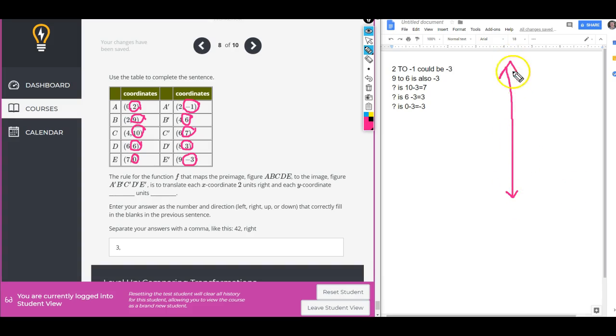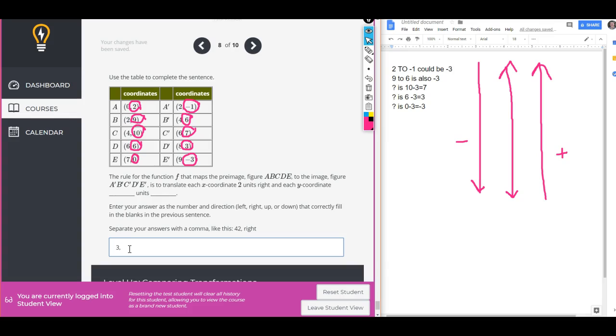So the up you go this way, you're increasing in numbers, so you're adding. And if you go down, you're decreasing in numbers, so you are in essence subtracting. So this is going down. So 3, comma, space, down.